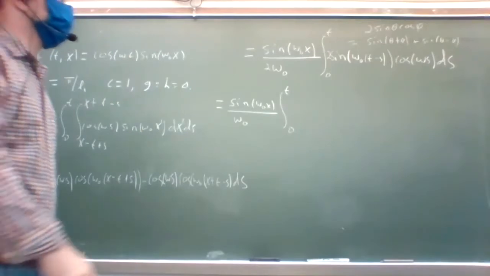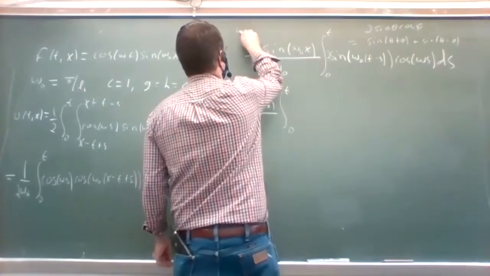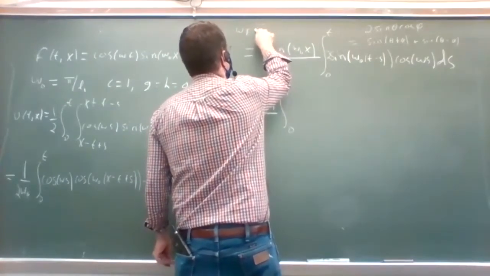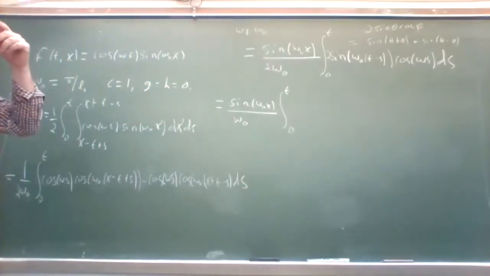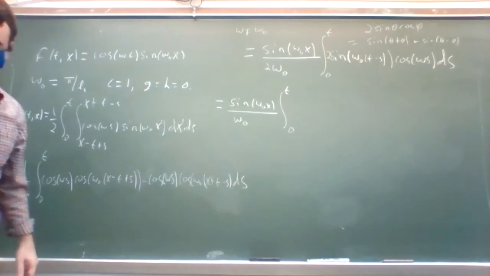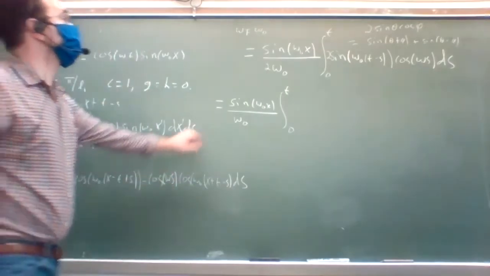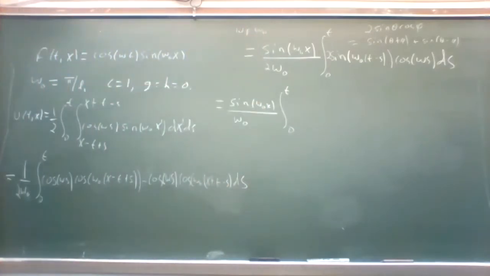And eventually there are going to be 2 cases, and we're going to end up in the case where omega is not equal to omega naught, because eventually I want to divide by omega minus omega naught. Let's just assume for the moment that these 2 things are not equal.